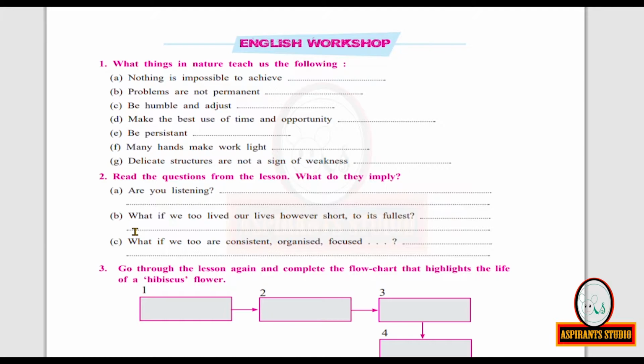Next one. What if we too lived our lives, however short, to its fullest? Write the answers.